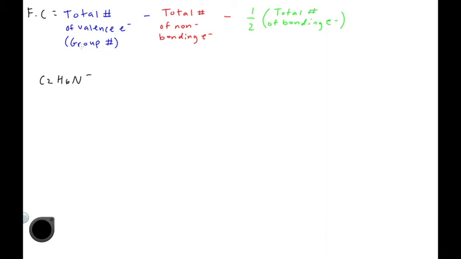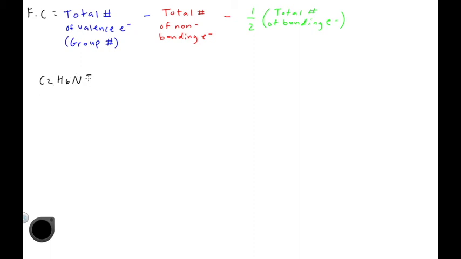First, we have to count the total number of valence electrons. Again, dimethyl azonide is negatively charged, so we have to add 1 electron to that total. So the valence electrons are going to be the 4 electrons in each of the carbons, plus the 1 electron in each of the hydrogens, plus the 5 electrons in nitrogen.